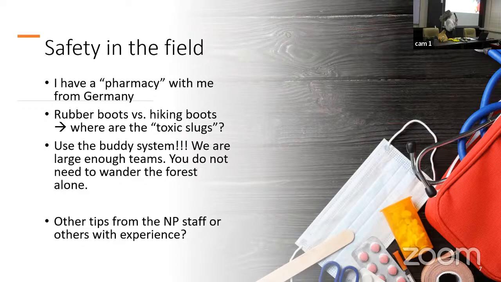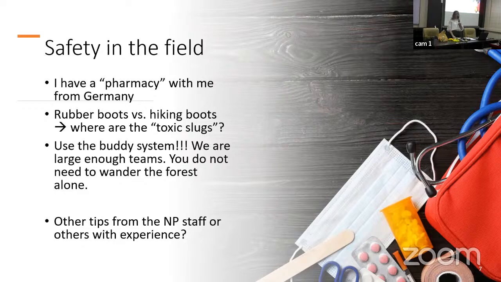All right. The next point that I want to bring up is the hiking boots versus rubber boots debate. Yesterday I heard a little bit more about, okay, I'm calling them the toxic slugs, but maybe someone can actually give some more information. I heard that in some areas of the park, there are these slugs or leeches, and they actually can give you some diseases that last long term or for life.